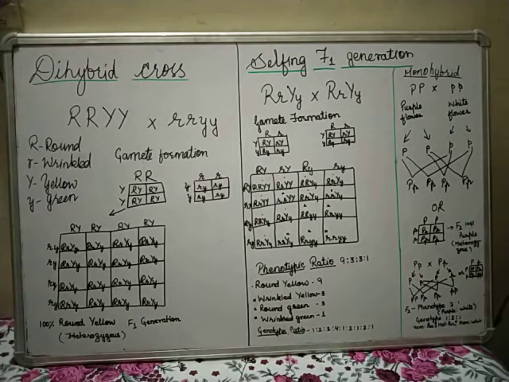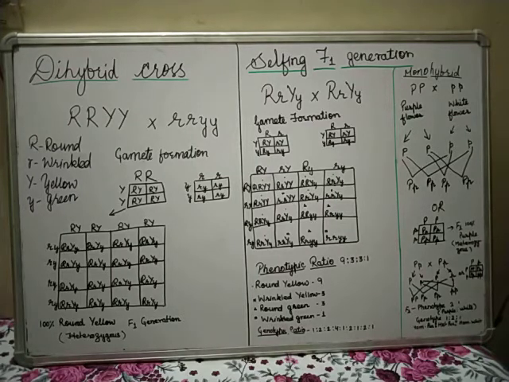So today we will discuss dihybrid cross. Mendel conducted a monohybrid cross, as we discussed, on tall plant and dwarf plant. I have another example of purple flower and white flower. Purple flower is dominant over the white flower.